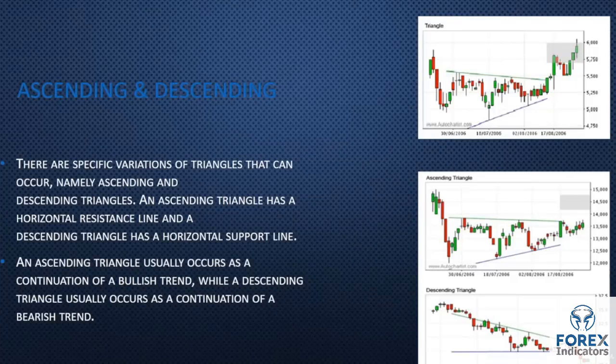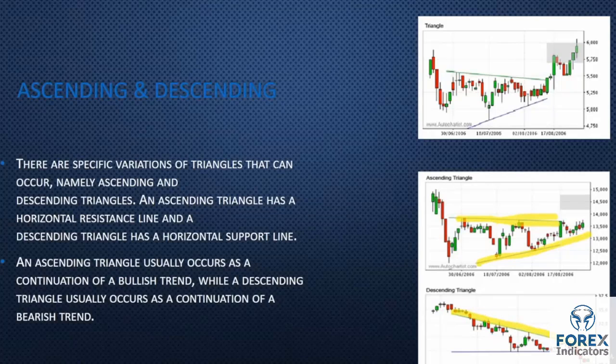Now, an ascending triangle usually occurs as a continuation of a bullish trend, while a descending triangle usually occurs as a continuation of a bearish trend. You can see that in the price charts on the right-hand side. So here we have an uptrend, a slight uptrend, support underneath the uptrend line, horizontal support line.